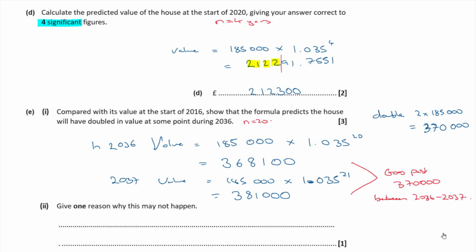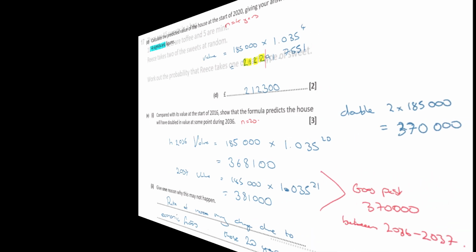So I'm going to say that the rate of increase may change due to economic factors during those 20 years. Sorry, my handwriting's so poor, I can barely read it myself.